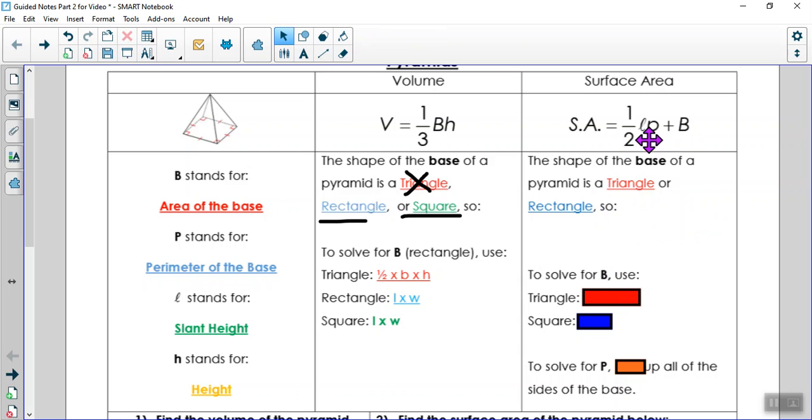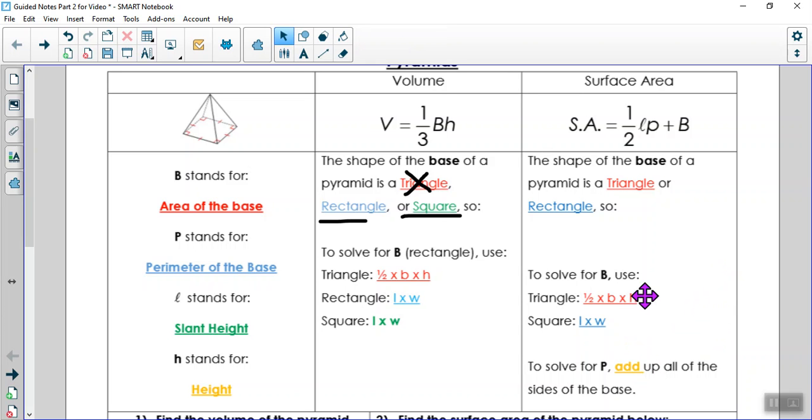Again, it has big B and P in this formula. If it was a triangle for big B, we would use 1/2 times base times height because that's the area of a triangle. And for a square, it would just be length times width, or for a rectangle, length times width. Remember, to find the perimeter, we're just going to add up all the sides.